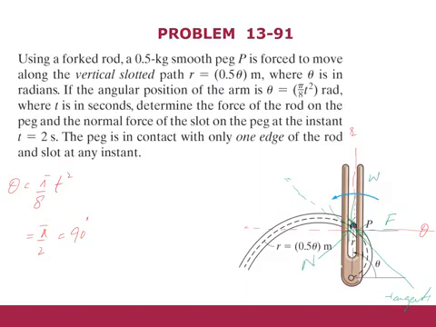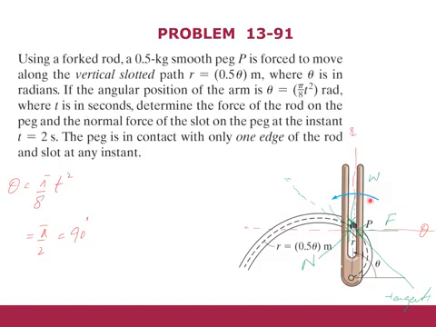So this is our N. So this is our free body diagram, in which we have mentioned the forces in the radial and transverse directions, and we come across three forces. Number one is weight, the other one is the force offered by this rod, and the normal force, right?